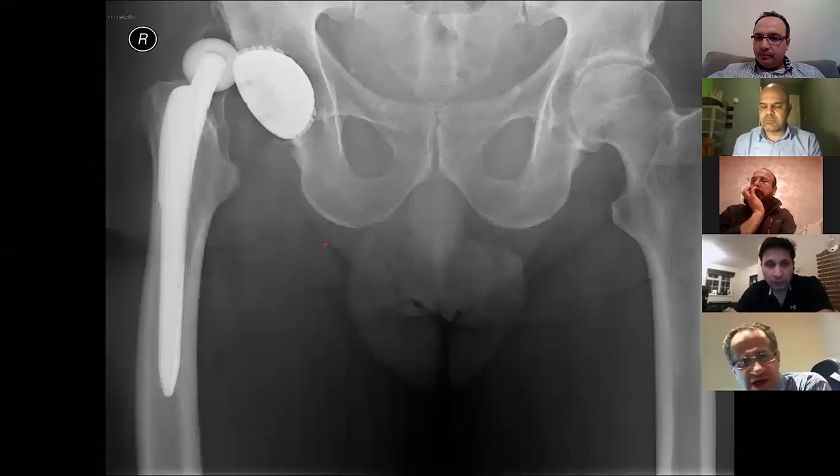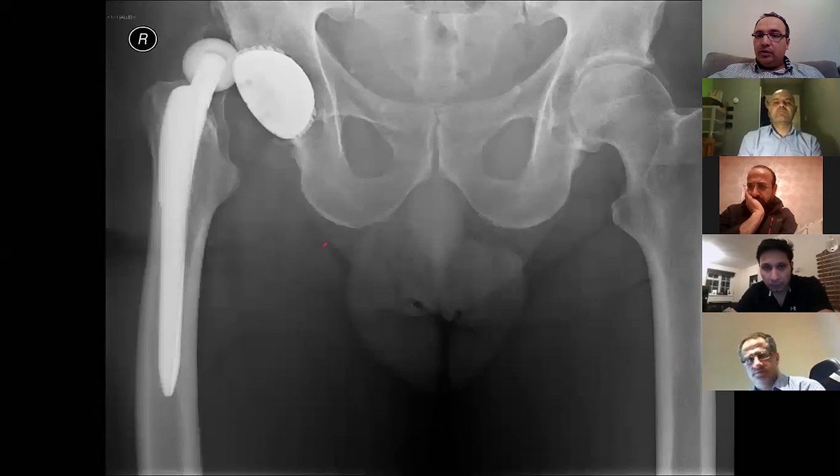Another question, from Ajit Medina: how do you measure combined version? Also a very good question, and that's an advanced question. For combined version, I would use a CT scan to measure it. I'm not sure of any other way to measure it.